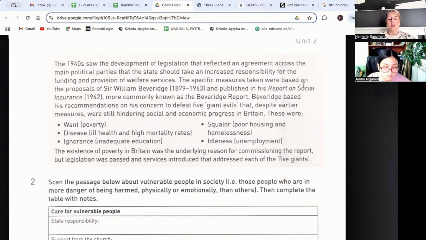These were want, poverty, disease, ill health, and high mortality rates, ignorance, inadequate education, squalor, poor housing and homelessness, and idleness, unemployment. The existence of poverty in Britain was the underlying reason for commissioning the report, but legislation was passed and services introduced that addressed each of the 5 giants.